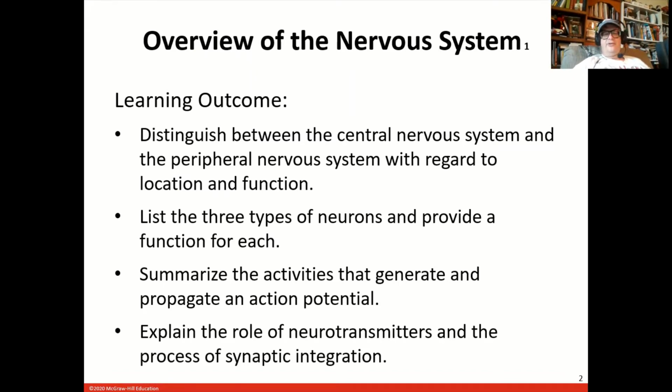We'll talk about sensory neurons and interneurons and motor neurons. We're going to talk about voltage gated channels and how they work in action potentials, what myelin sheaths do, both in the oligodendrocytes in the central nervous system and in the Schwann cells in the peripheral. It's the same basic idea.